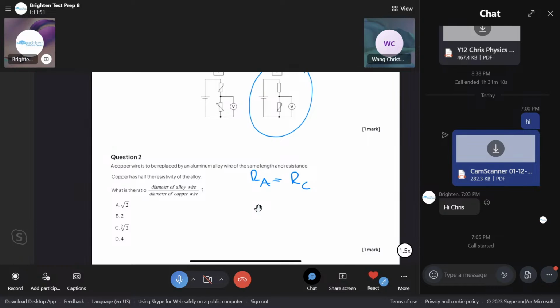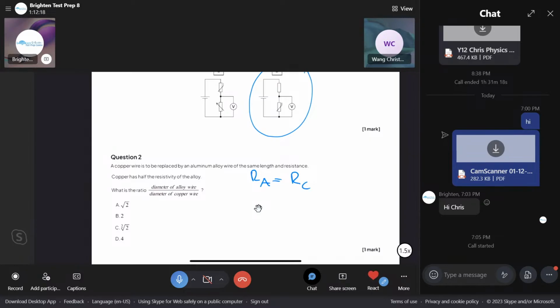Diameter. Because alloy has the resistivity over the area, and then the copper has 2 times the resistivity. Wait, no, it's the other way around. Okay, yep.